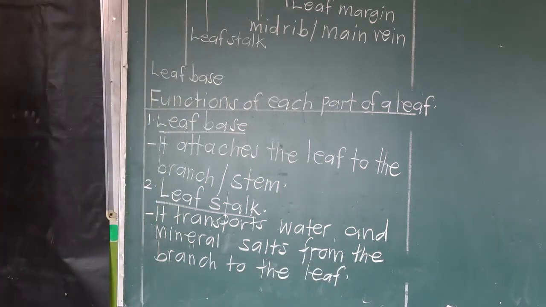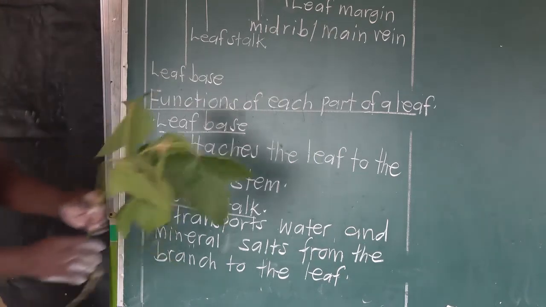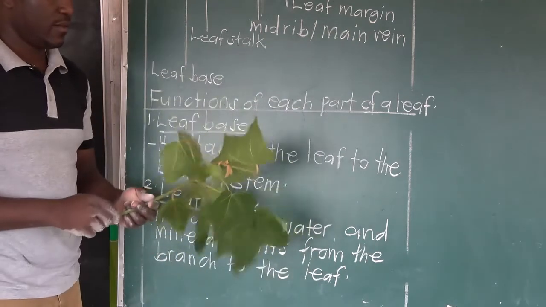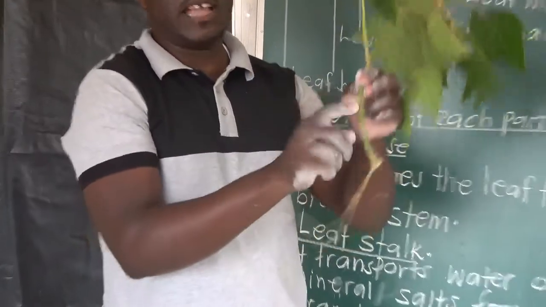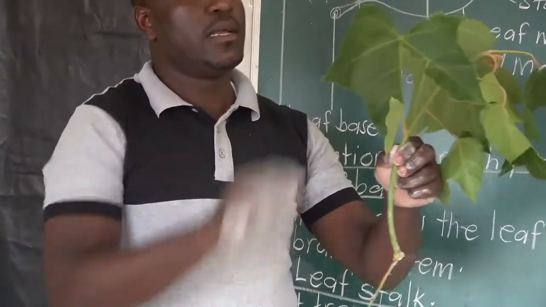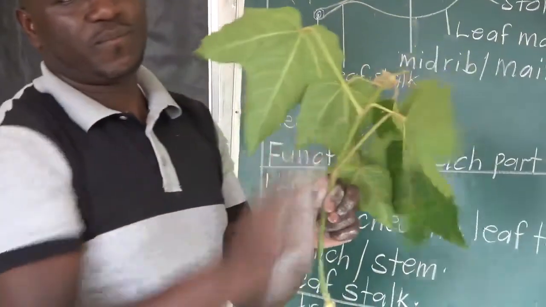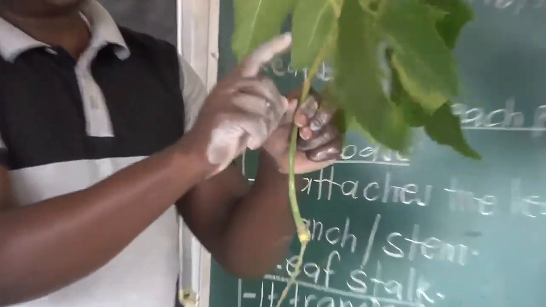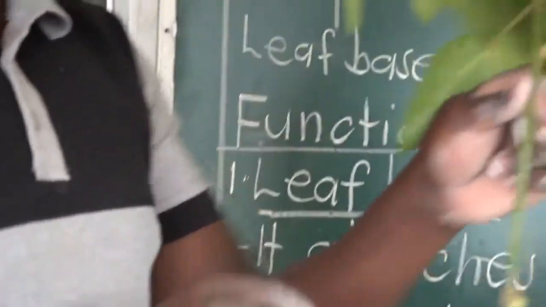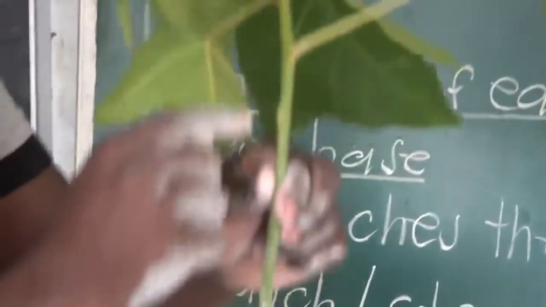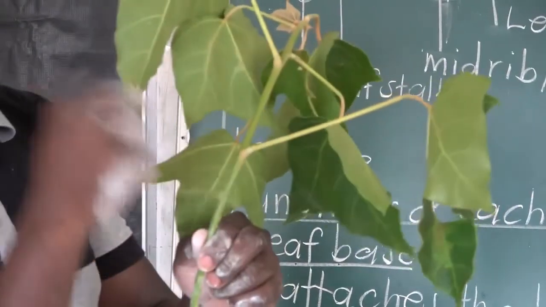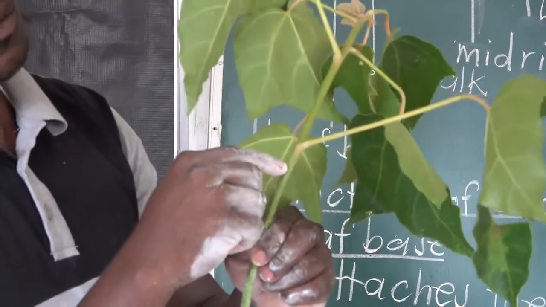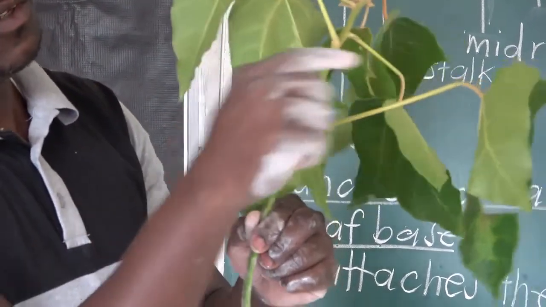For example, if this is the branch and this is the leaf, this leaf stalk is going to transport water and mineral salts from this branch to the leaf.